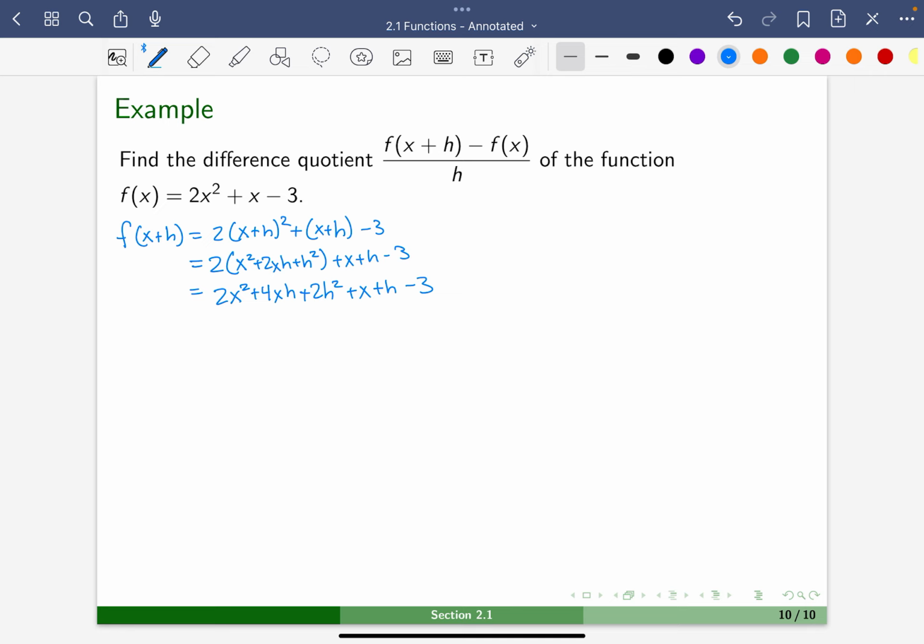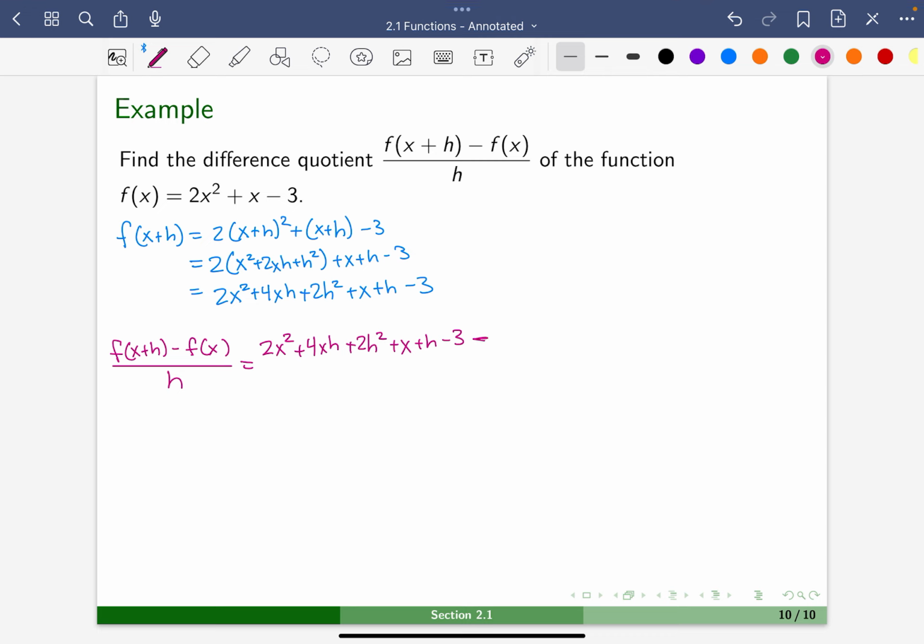And now we're going to find our difference quotient. F of x plus h minus f of x all over h. So we have 2x squared plus 4xh plus 2h squared plus x plus h minus 3.